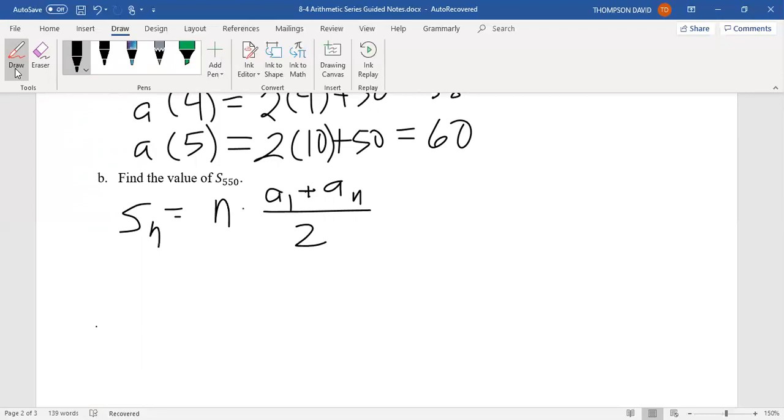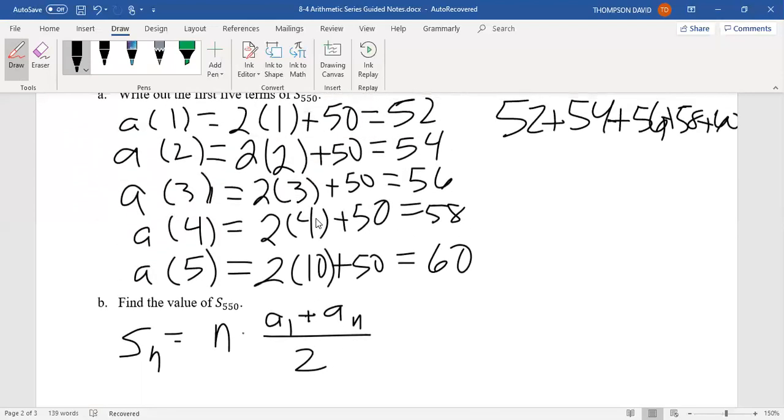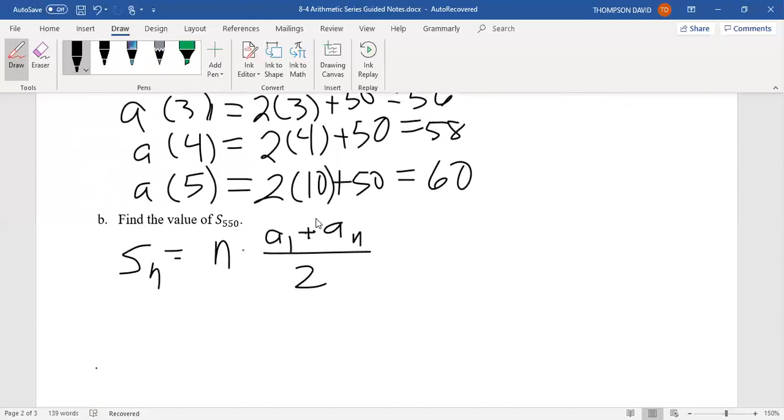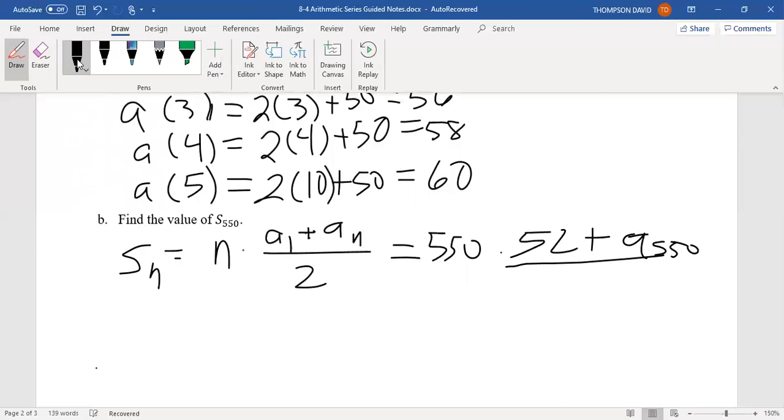So we know our first term already. That's going to be 52. And we know there's 50 terms. Plus, we need to figure out a of 50.